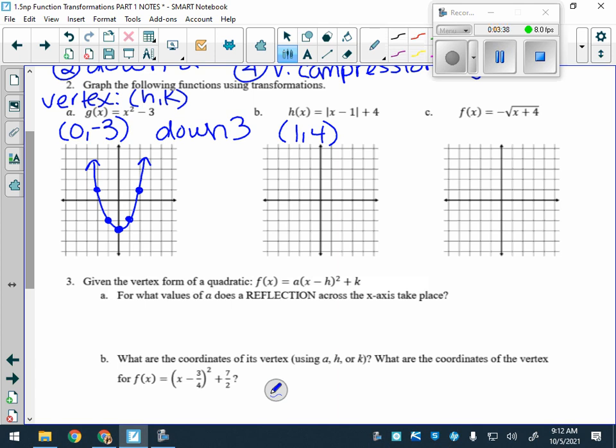What transformation happened? Emily? Okay, we originally start with 0, 0. Now we're at 1, 4. Okay.